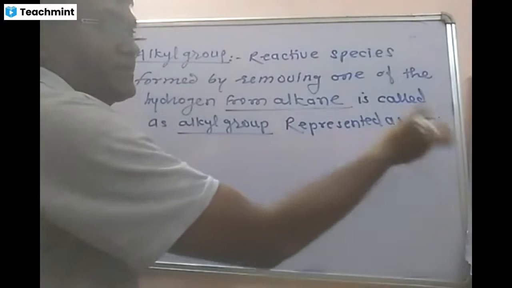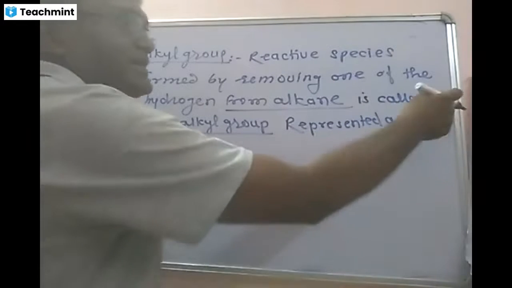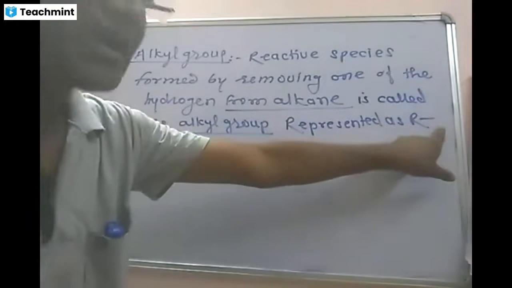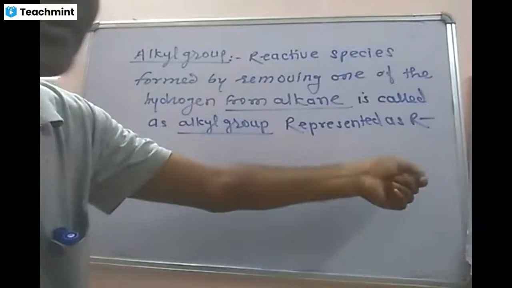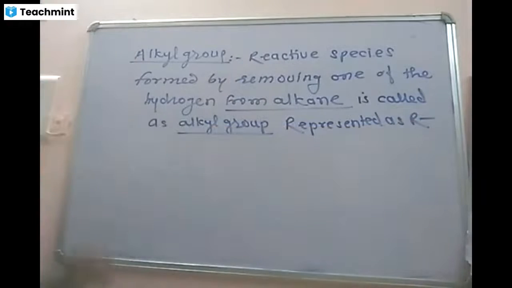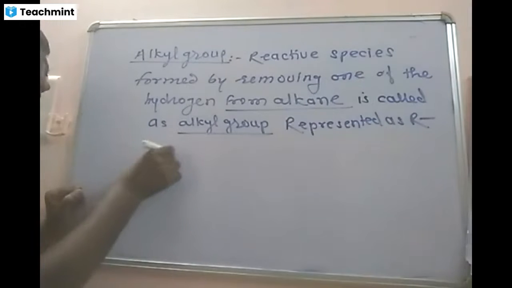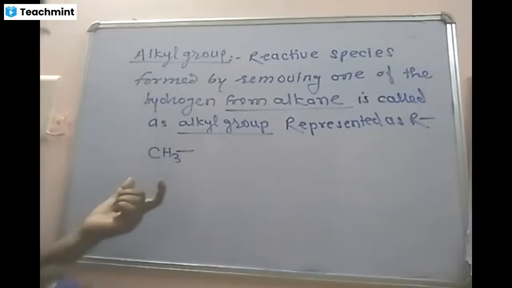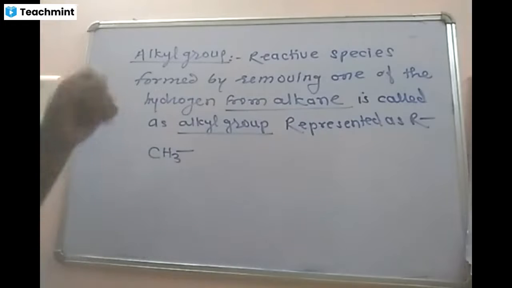Now this is your alkyl group. How is it formed? It is formed by removing hydrogen. If you add hydrogen here, then you will get the alkane. इसमें यदि हाइड्रोजन लगा देते हैं तो that will be alkane. लेकिन हमने बनाया कैसे? By removing this hydrogen. Now if you go for this one, CH3 dash, this is not methane. It is derived from methane.